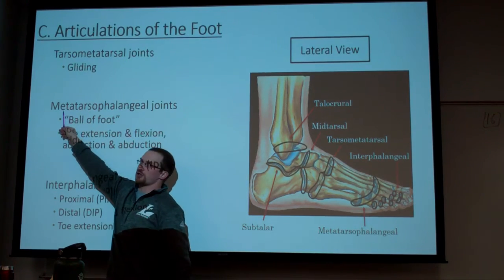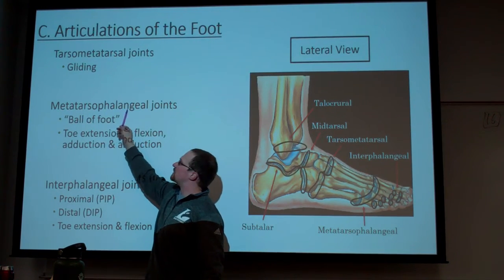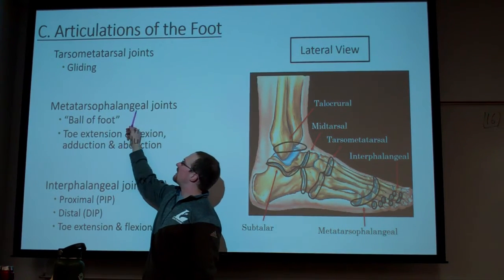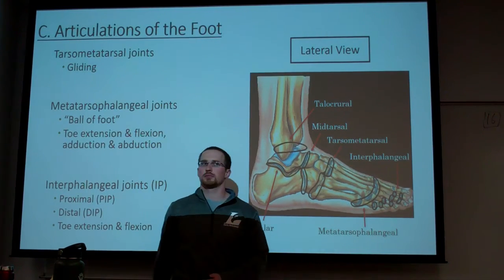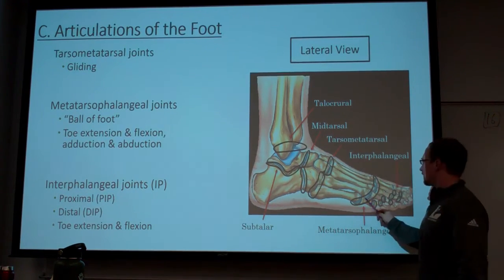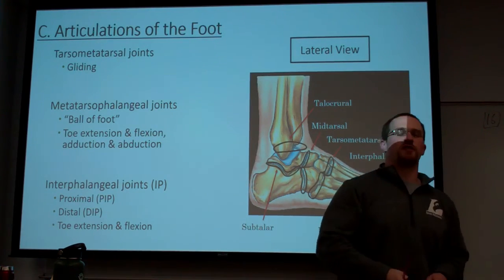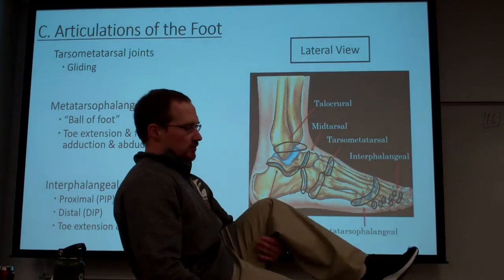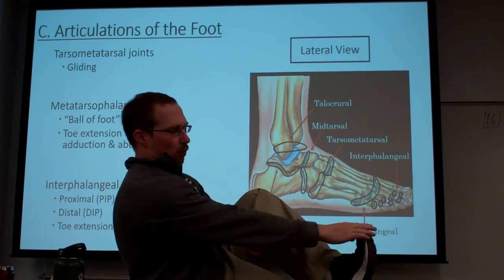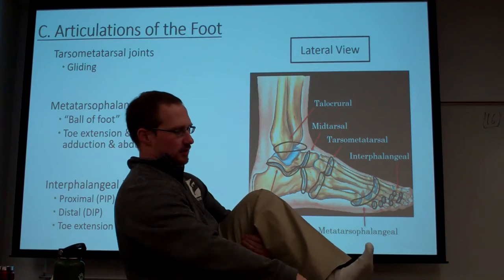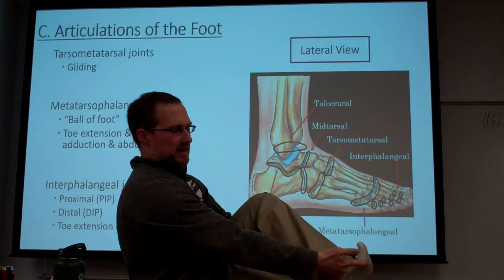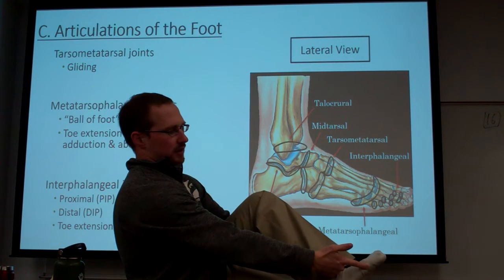Between your metatarsal and your phalanges, we've got our metatarsal phalangeal joints. So that's right here. And that's what we think of when you think of the ball of your foot. So I'm coming here. When I point my toes, right here, here's the ball of your foot.